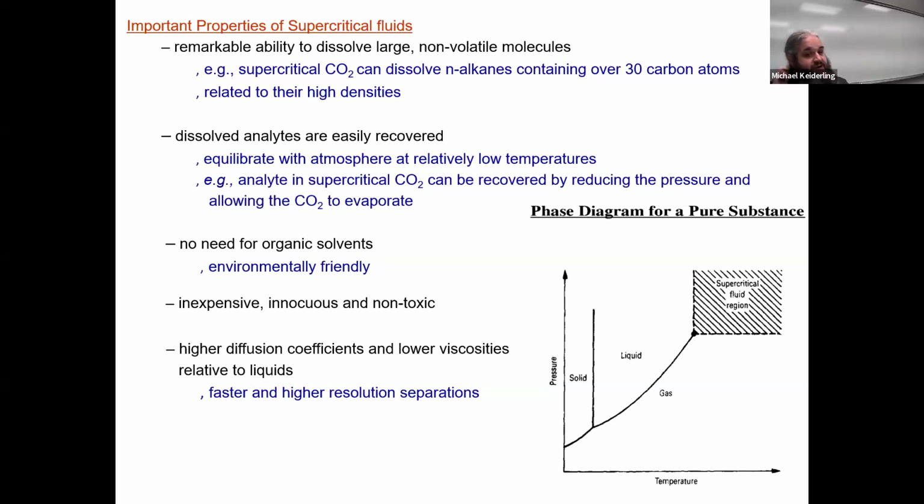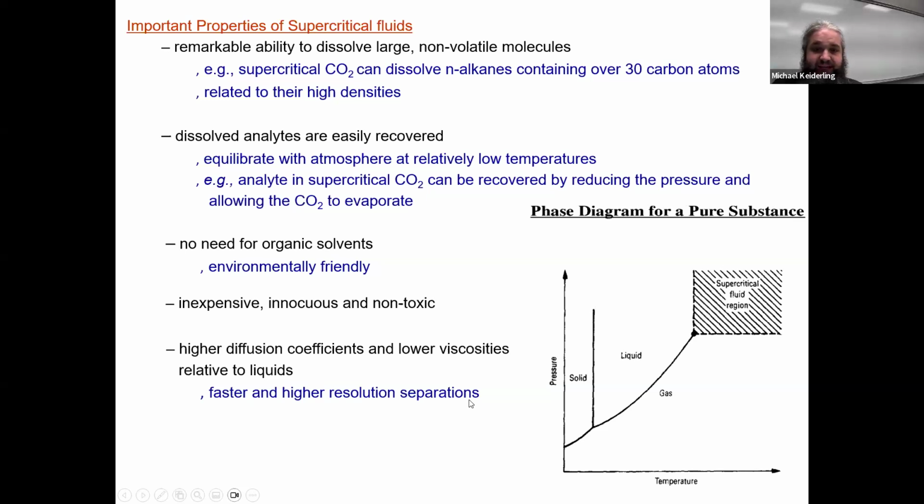The dissolved analytes are easily recovered because you can equilibrate with the atmosphere at relatively low temperatures, and the analyte and supercritical CO2 can be recovered by reducing the pressure and allowing the CO2 to evaporate, turning into a gas. You don't need organic solvents, so they're environmentally friendly. They're inexpensive, innocuous, and non-toxic. They're primarily doing this with CO2. And they have higher diffusion coefficients and lower viscosities relative to liquids, which allows for faster, higher resolution separations.